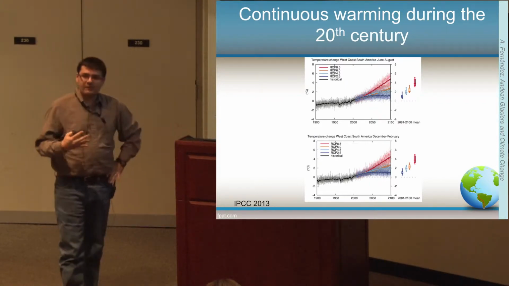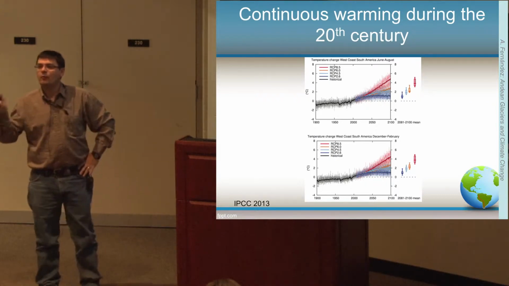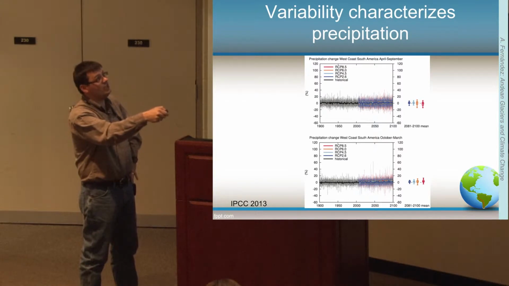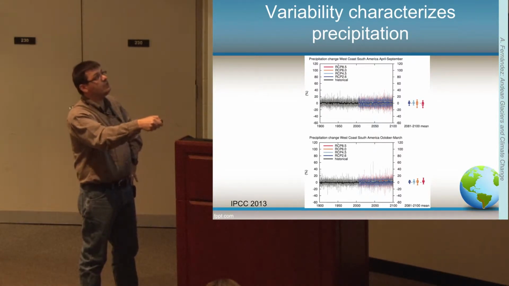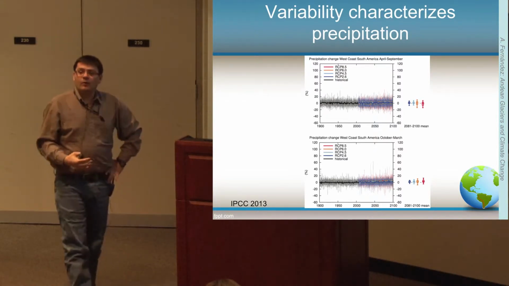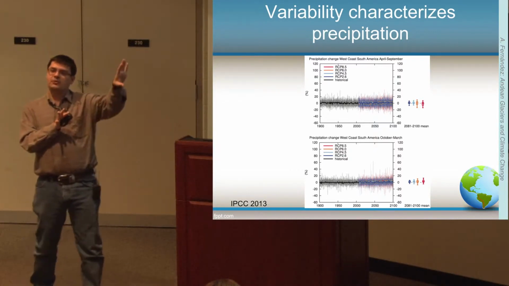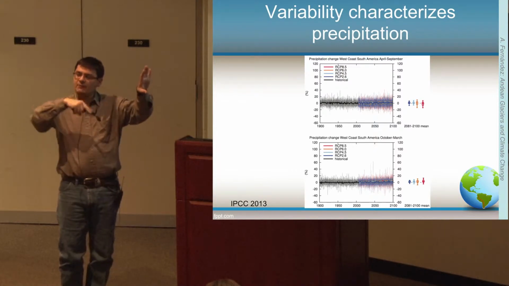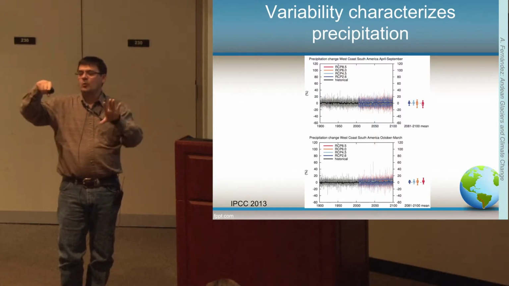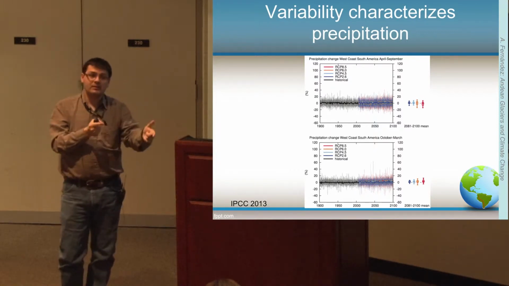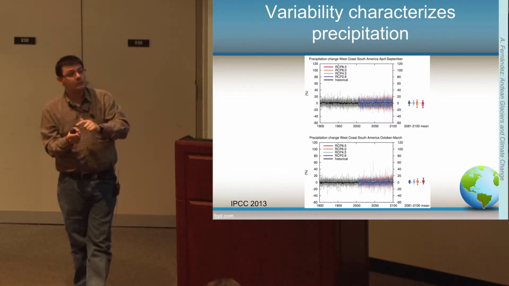Well, precipitation is a whole different case. We have more variability, and you see we don't see much change in precipitation, right? But if we have increasing temperature, even with the same precipitation, we are changing the proportion between solid and liquid precipitation.